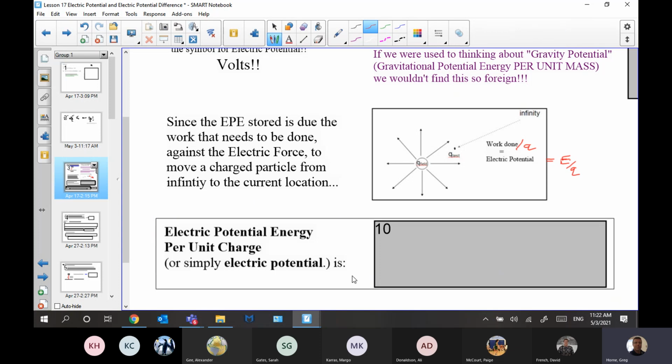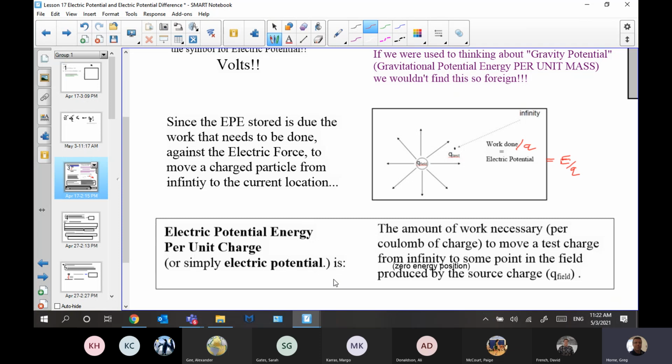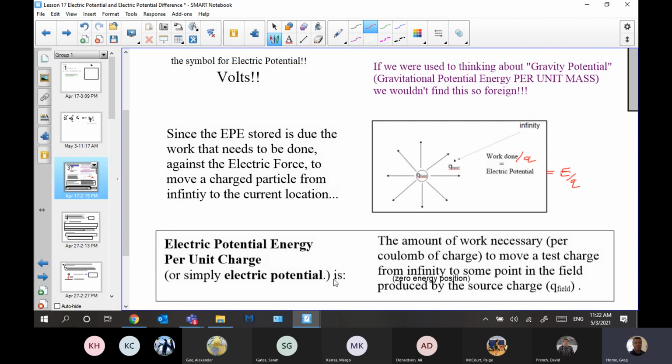Yeah, so electric potential energy per unit charge, or simply electric potential, is the amount of work necessary per coulomb of charge to move a charge from infinity, which is where you have zero energy, to a point in the electric field that's produced by some source charge. And we're going to make that contradiction more obvious soon, or we're going to fix the contradiction.